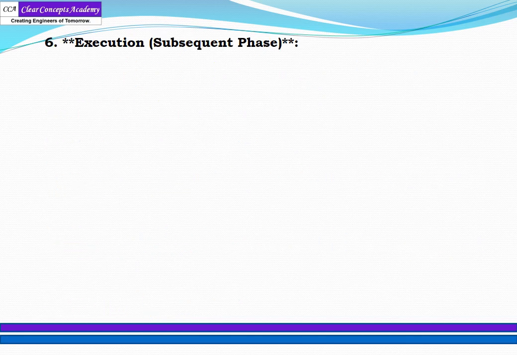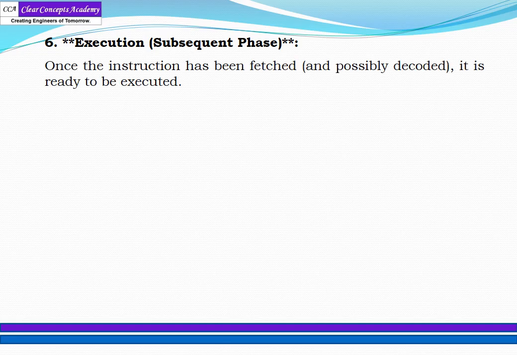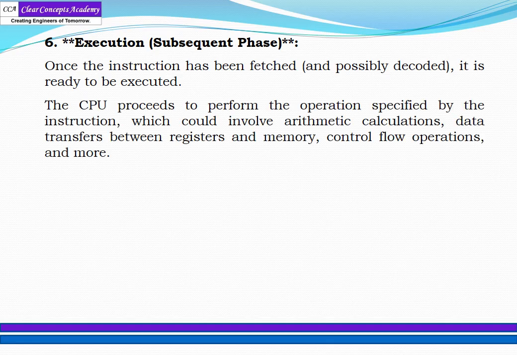Execution, the subsequent phase. Once the instruction has been fetched and possibly decoded, it is ready to be executed. The CPU proceeds to perform the operation specified by the instruction, which could involve arithmetic calculation, data transfer between register and memory, control flow operations, and more.